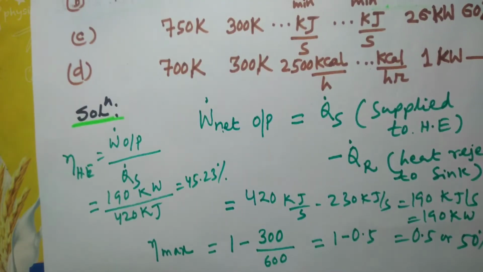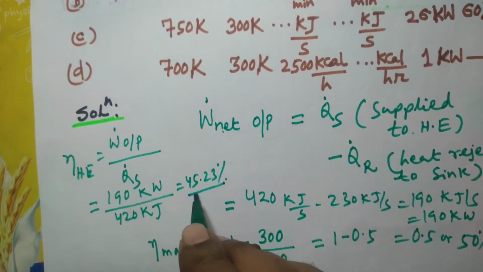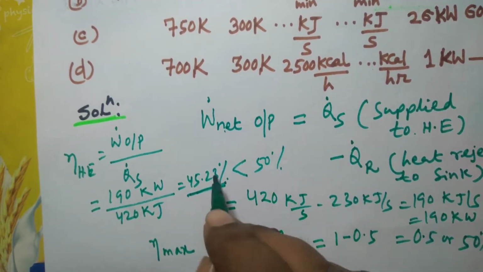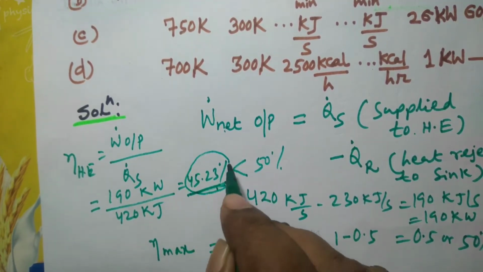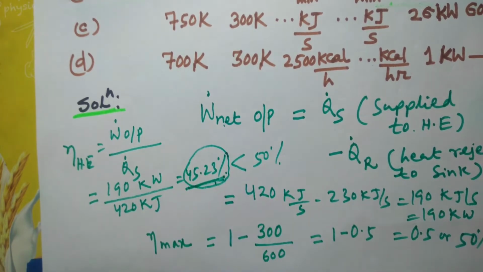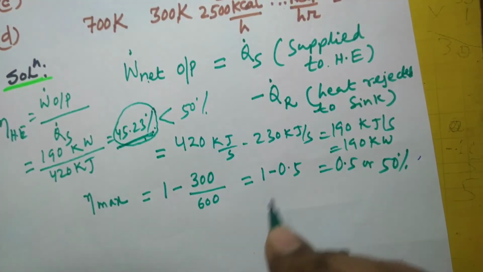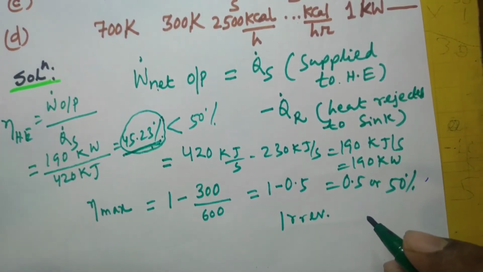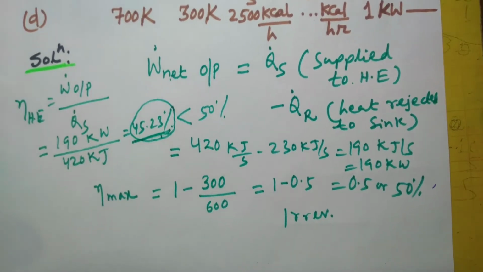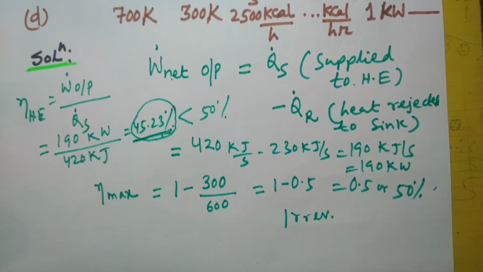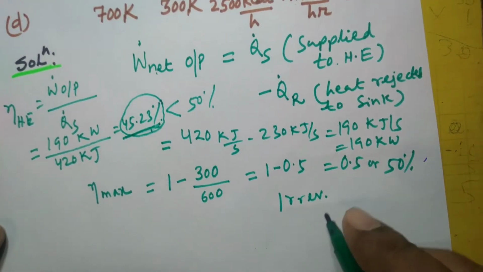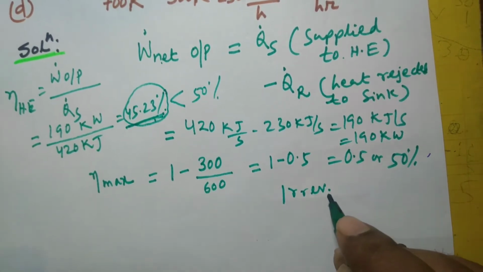But the efficiency of this particular engine is 45.23%, which is less than 50%. So it is an irreversible heat engine. So this particular heat engine is a case of an irreversible heat engine, because between any two given temperature levels, only the reversible heat engine has the highest efficiency, and any other engine will have less efficiency than that of a reversible heat engine according to Carnot theorem and its corollary.